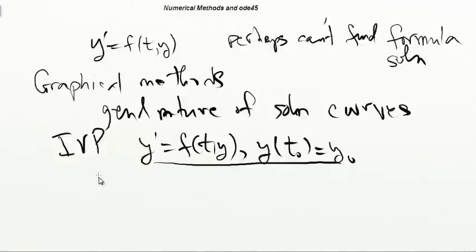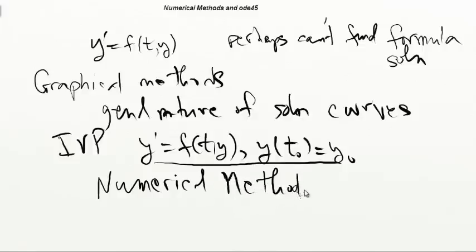Well, in that case, we then turn to numerical methods. And that's what I want to talk about in this video, a little bit about numerical methods for dealing with initial value problems like that.